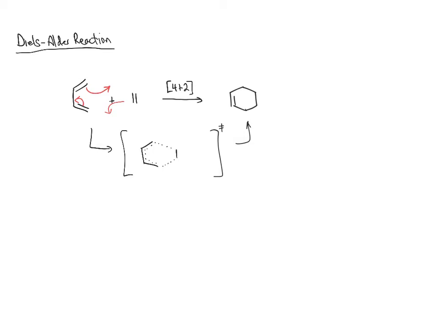Now, there are a couple of key features of this Diels Alder reaction. The first, as we said, is that this is a concerted cycloaddition. And so it involves 4+2 = 6 pi electrons. And so this is a 6 pi electron transition state.